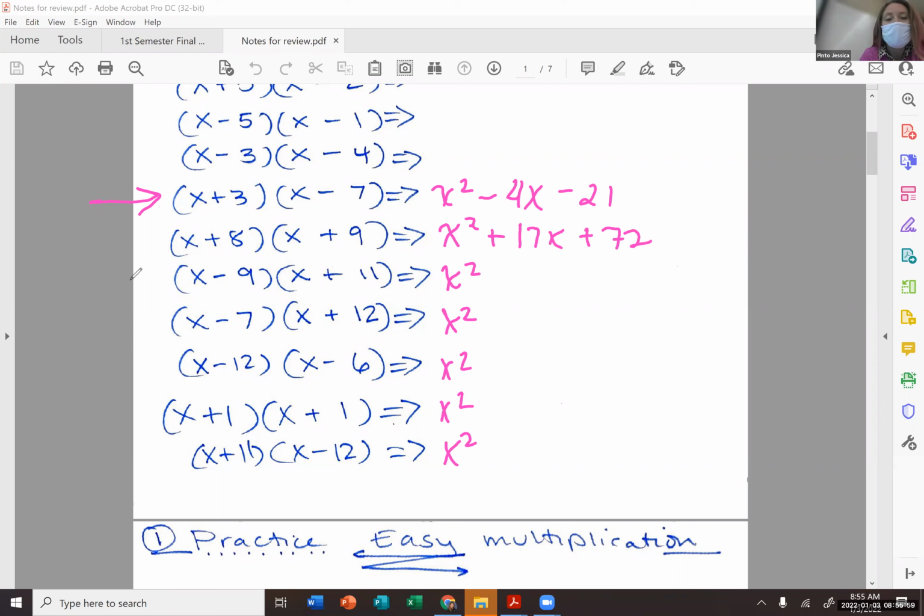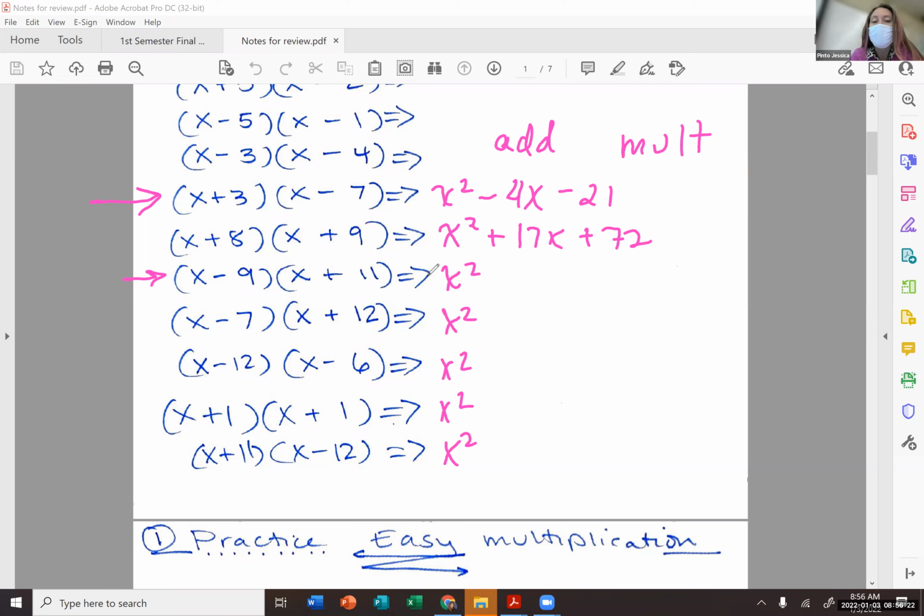Coming up next, it's Grant. Grant, we're on the 9, -9, and the positive 11. That's going to be x squared. Yeah, x squared, and then -9 times 11 is -99, so it'd be -99. Okay, so we're missing something. In the middle is where we do the addition. This one is the add. This one is the multiply.